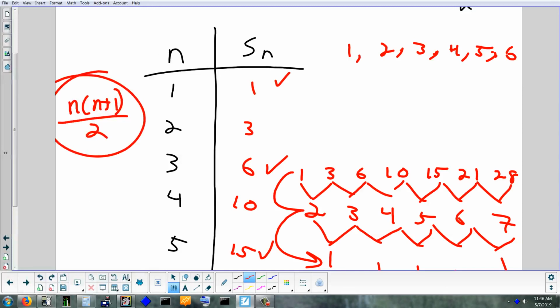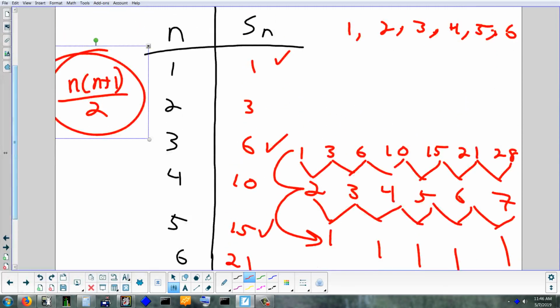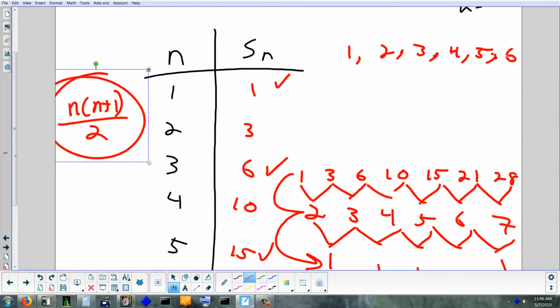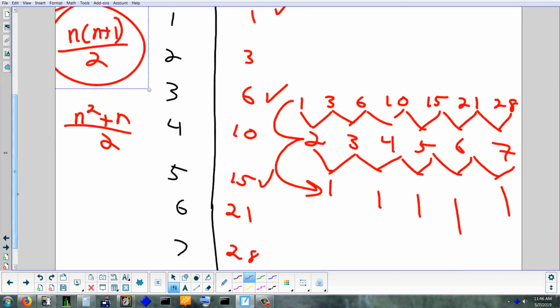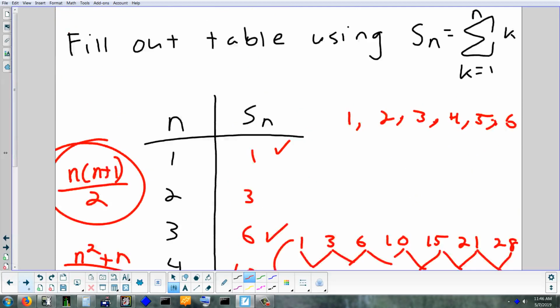Okay. But we're going to go through a few formulas, and we're not going to type them in and figure them out on the calculator, because what the calculator would probably do is this. First, it would distribute out the n, and then it would write it like this. That's the same formula. I usually remember it this way. I don't remember it that way, but same thing.